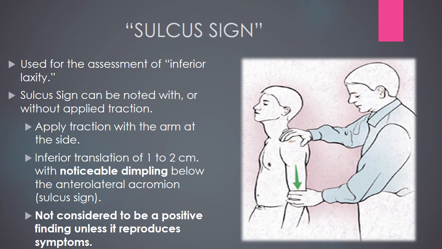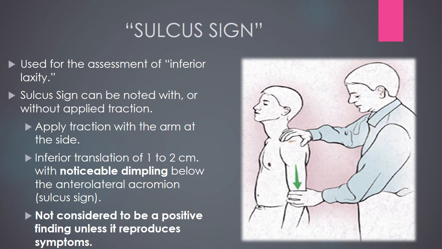Inferior translation of 1 to 2 centimeters is suggestive of inferior instability. On inspection, you will notice a dimpling of the skin below the anterolateral acromion, and this is what we refer to as the sulcus sign. This is the sulcus sign. Now, even though the sulcus sign may manifest itself and may present itself, it's not considered to be a positive finding unless it reproduces symptoms.